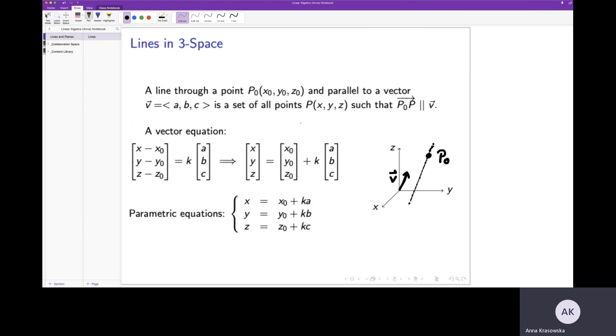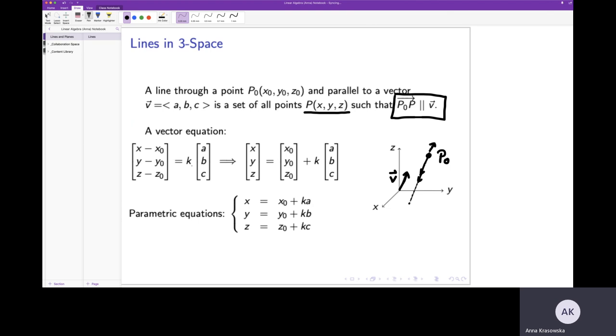It's as before. The line is a set of all points x, y, z that must satisfy the condition that P0 to P is parallel to V. No matter which point you choose, the vector P0 P will be parallel to V as long as P is on the line.